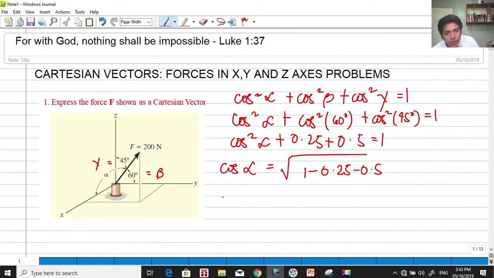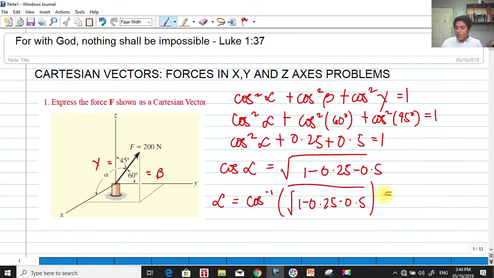Furthermore, to get alpha, that is arc cosine of the square root of 1 minus 0.25 minus 0.5. Of course, let's take note that we have two results here. When evaluating the square root, we have positive and negative.